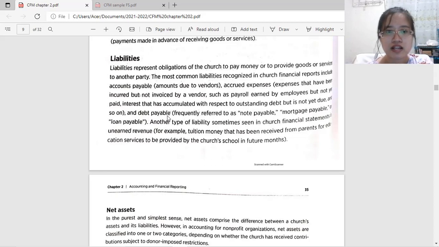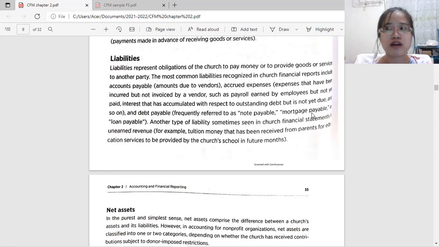All right, and the next, debt payable, referred to as note payable if it's evidenced by a promissory note. So if the church borrowed money and there is a document, a promissory note, you can classify it as note payable. Mortgage payable if you offered something as collateral.